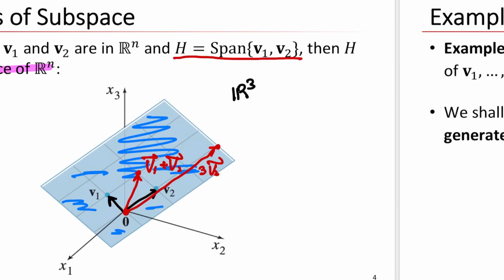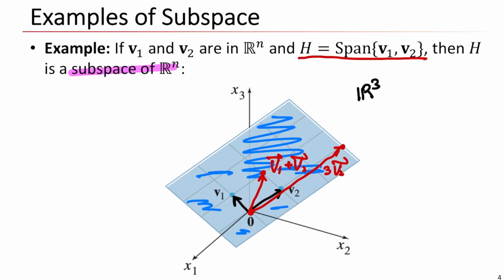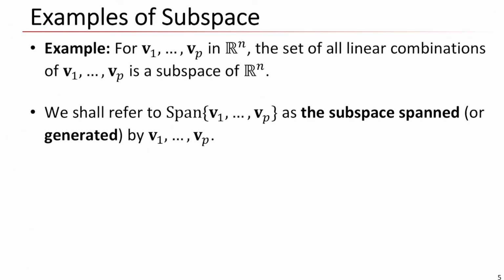Okay, actually we can generalize this example to the v1 through vp case, any number of vectors. For vectors v1 through vp in Rn space, consider the set of all linear combinations of v1 through vp.